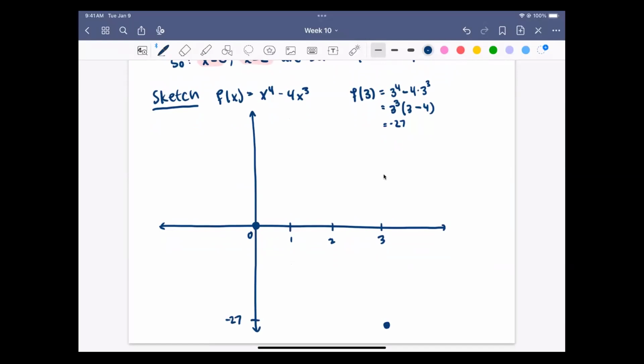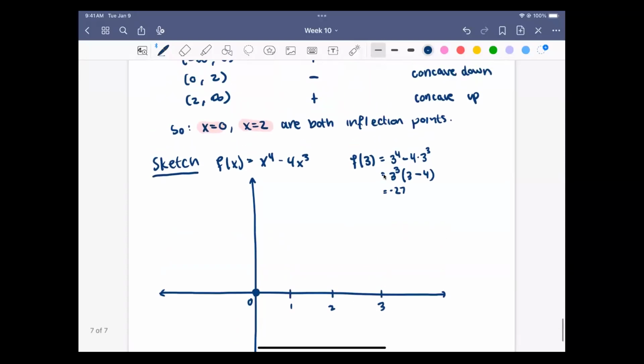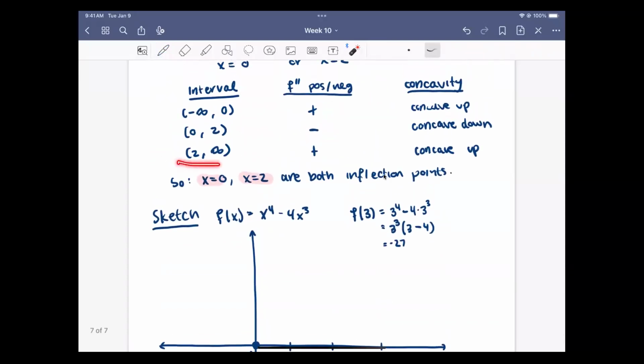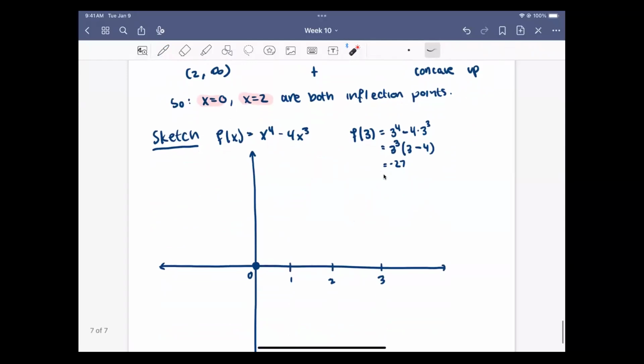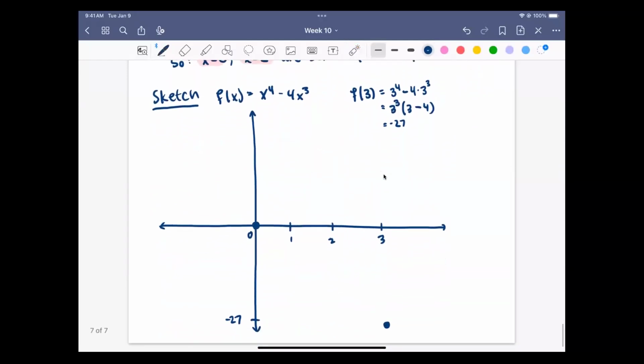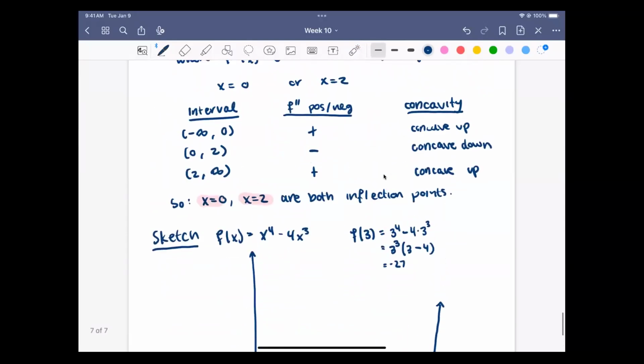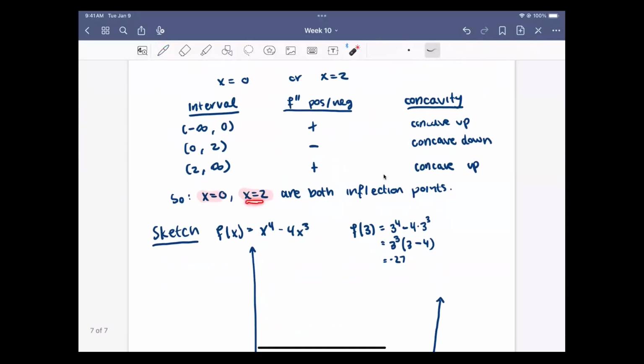Okay, so this was a local min. And we also know that on the interval from 2 to infinity, we are concave up. So I can draw something like this. So from 2 to infinity, I'm concave up. So over here, I'll look something like that. And then at x equals 2, we have an inflection point.